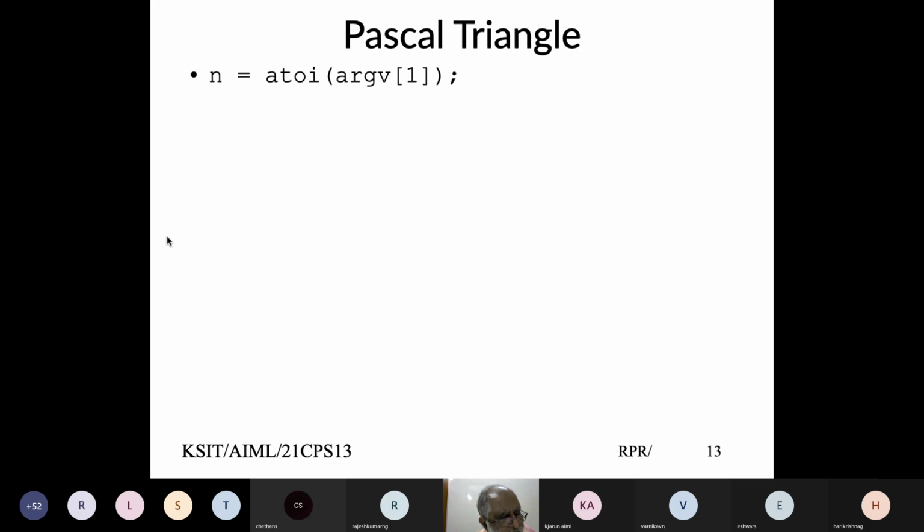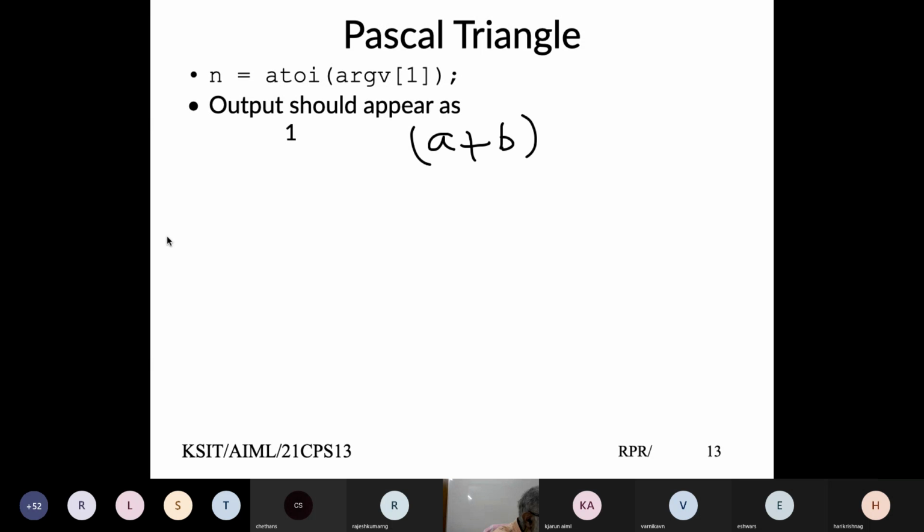What is the Pascal triangle? Pascal triangle is basically you keep building a sequence of binomial coefficients. So if n is equal to 5, first I print 1, because a plus b raised to power 0 gives me only 1, so there's one term and one coefficient.